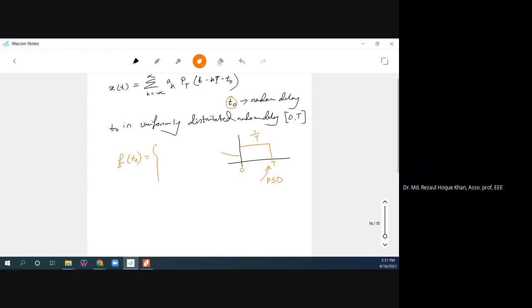If I write it in the equation, then it's 0 to T. So the t0 distribution is 0 to T. In that range, its height is 1 by T. Otherwise, it's 0.